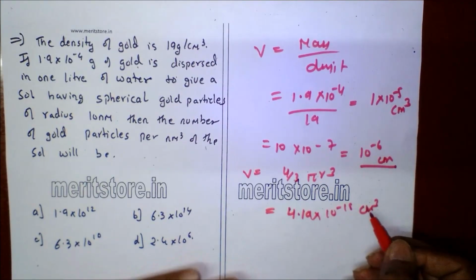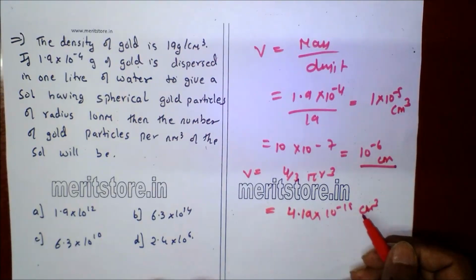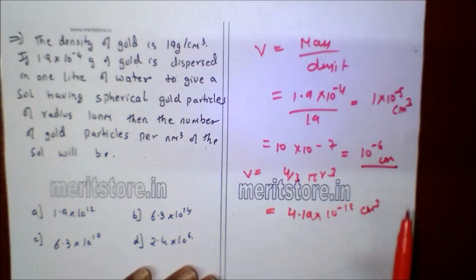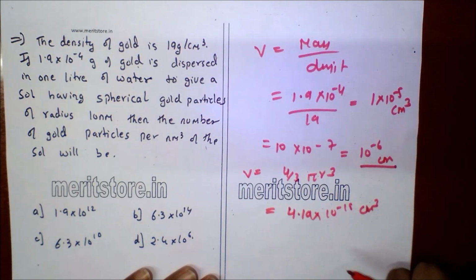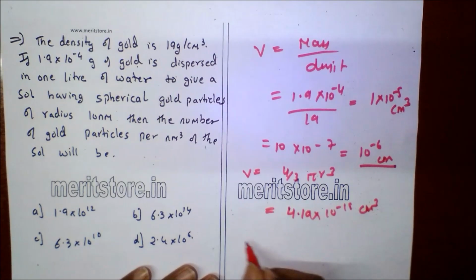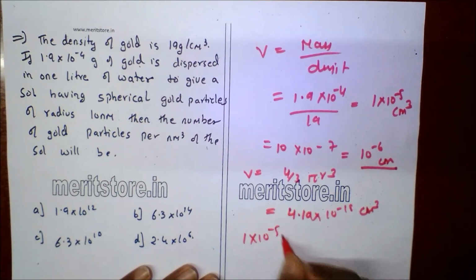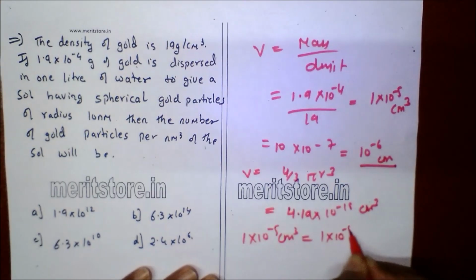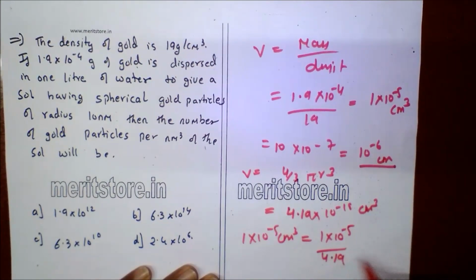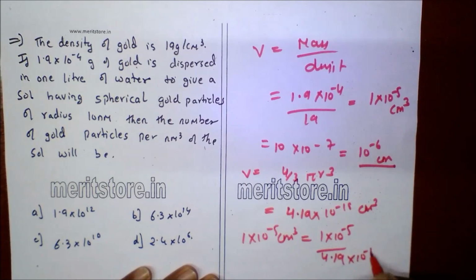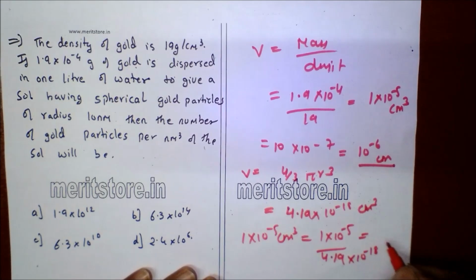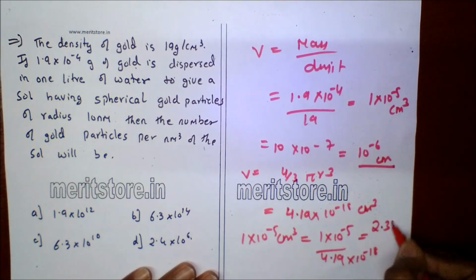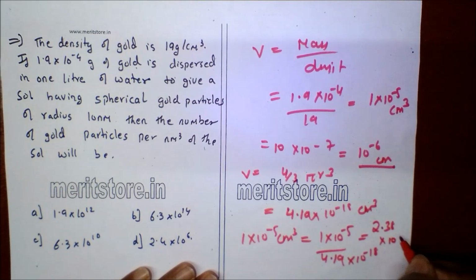Now the number of gold particles in 1 into 10 raised to minus 5 centimeter cube will be equal to 1 into 10 raised to minus 5 upon 4.19 into 10 raised to minus 18, which gives 2.38 into 10 raised to 12.